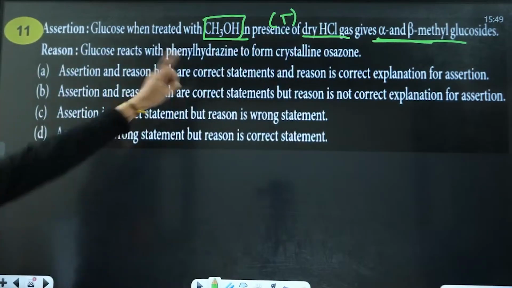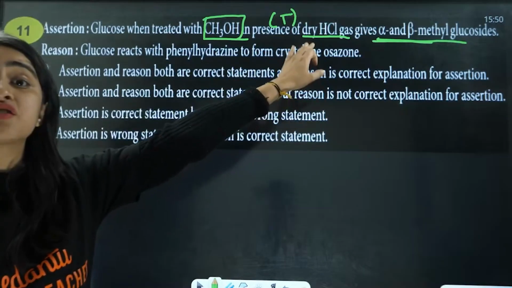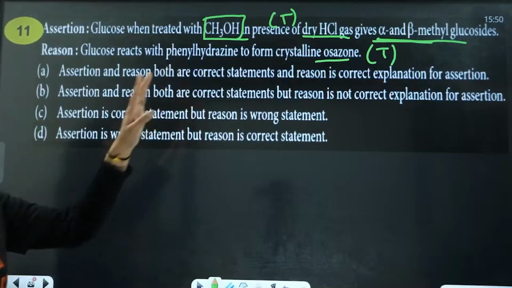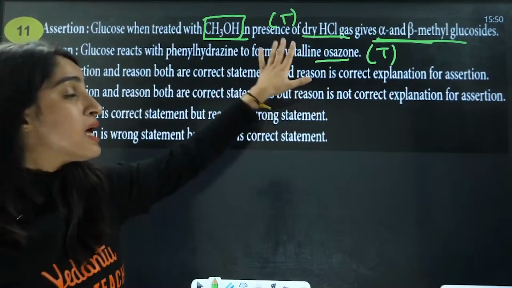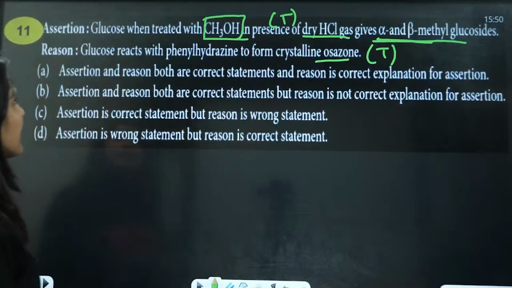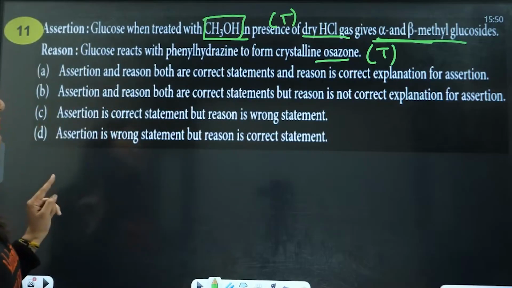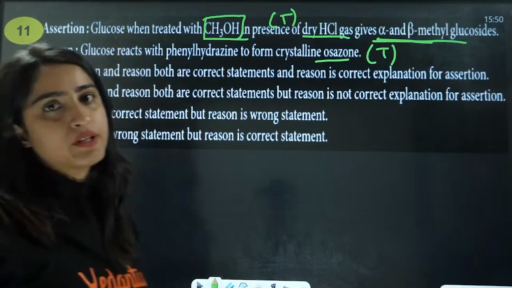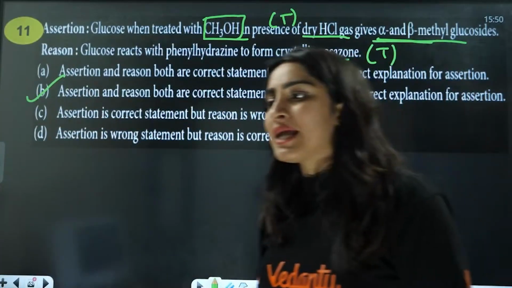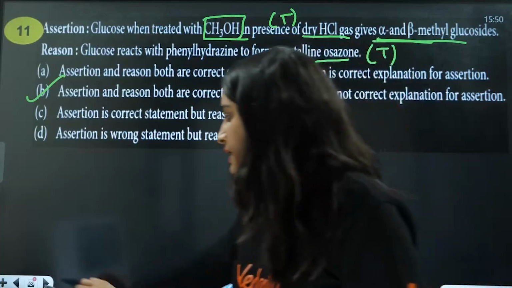Glucose reacts with phenyl hydrazine to form crystalline osazone. That is also true, right? It reacts with phenyl hydrazine to form osazone, consuming 3 molecules, right? So now, both statements are correct, but there is no relation between these two statements. So here we will say B is the correct answer, okay? B is going to be the correct answer here, right?